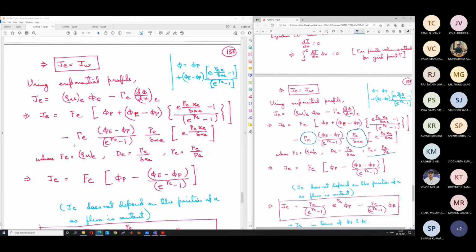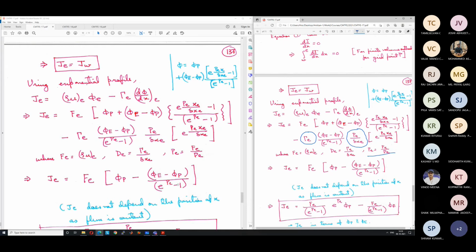Both are the same term, only one negative sign is there. So ultimately what will be left is J is equal to Fe phi p minus (phi minus phi p) by (e to the power p minus 1). Only the effect of minus 1 will be there.